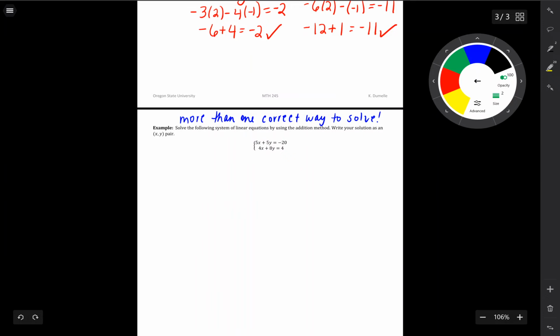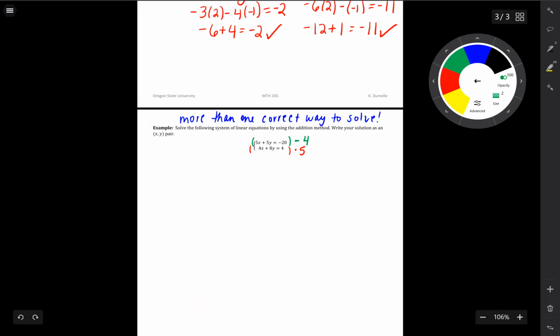I'm going to multiply the top equation by -4, which will make our coefficient in front of the x -20. And I'm going to multiply the bottom equation by +5, which will make the coefficient in front of that x +20. So by doing this, I will have the same number in front of the x, 20, but on the top I'll have -20, and on the bottom I will have +20.